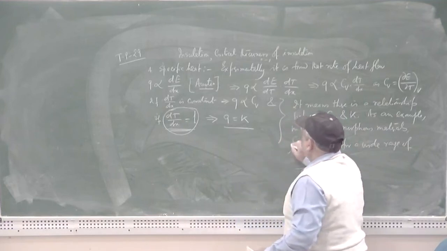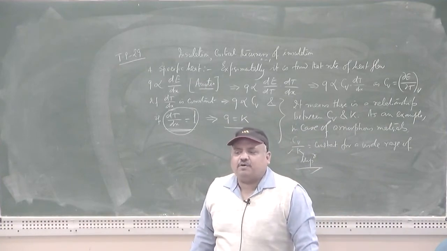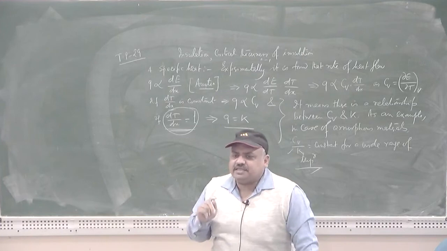It means Cv, that is the specific heat at constant volume, can influence the thermal conductivity value.